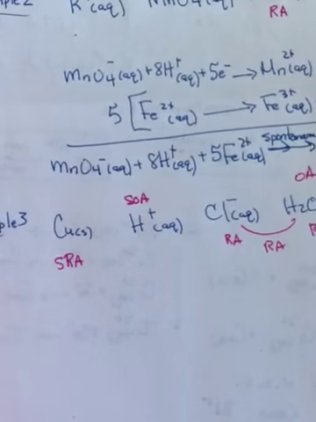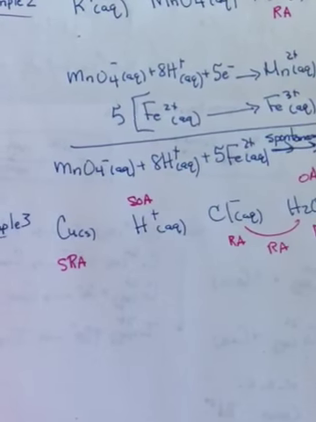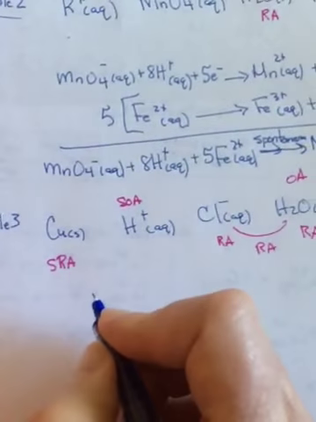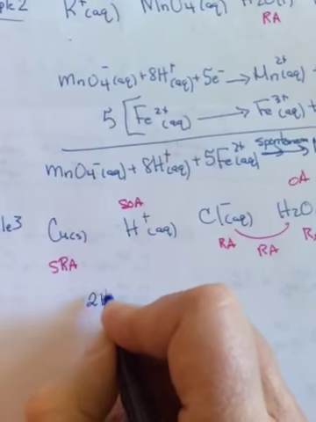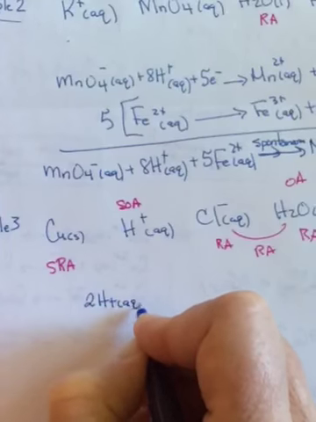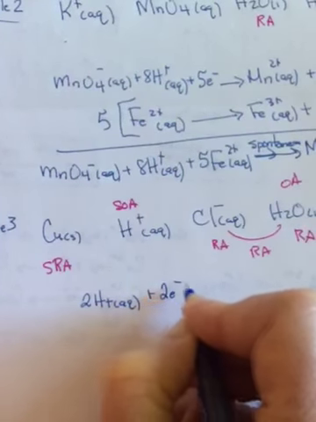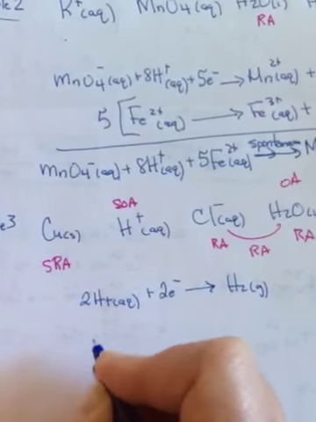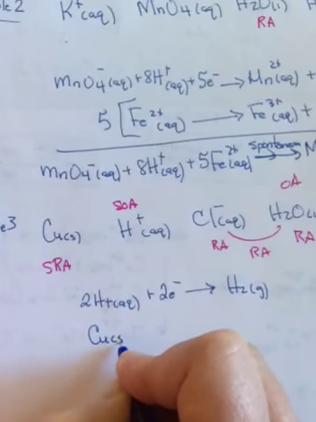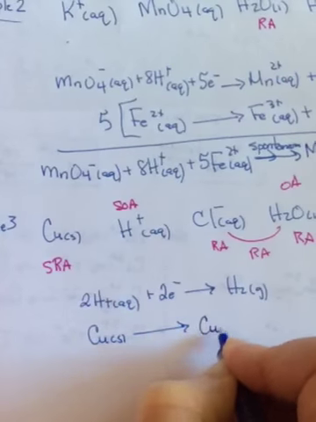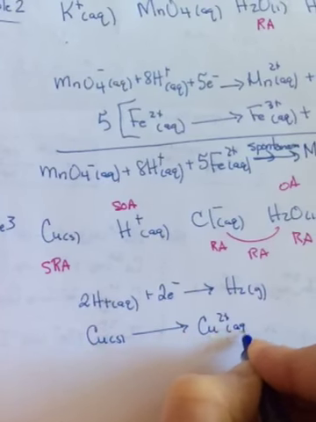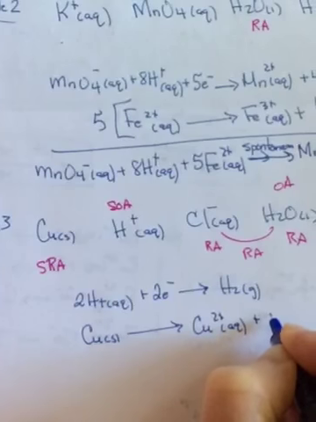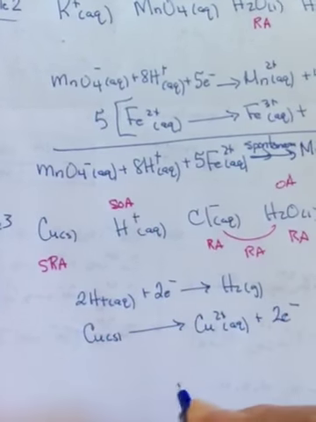Okay, so now we do our 2 half reactions. And they're nice and short this time. It's 2 H positive aqueous plus 2 electrons going to H2 gas, and Cu solid going to Cu2 positive aqueous plus 2 electrons.